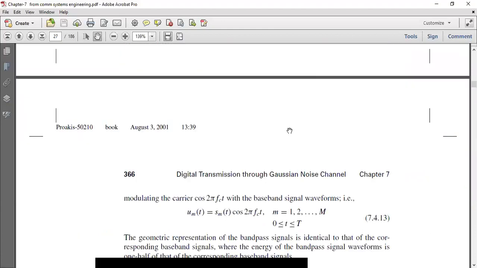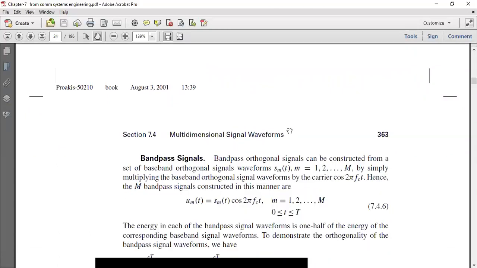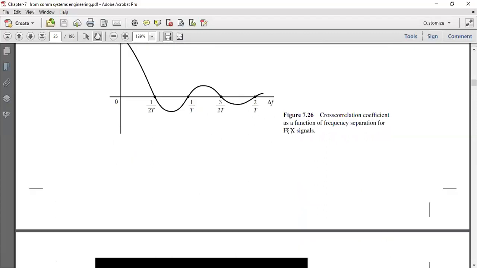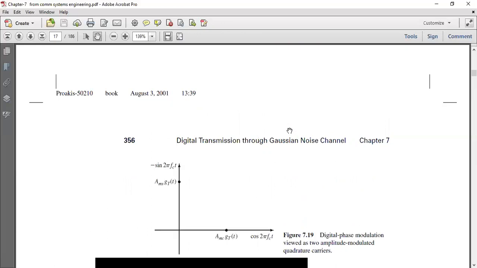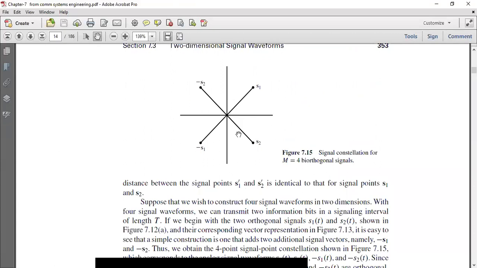Figure 7.15 was given previously. This is the bi-orthogonal signaling scheme for M equal to 4. You can see S1 and minus S1, S2 and minus S2.